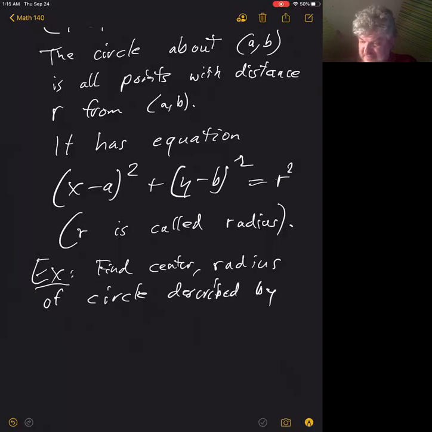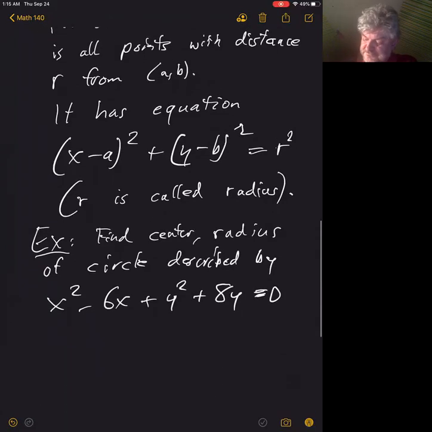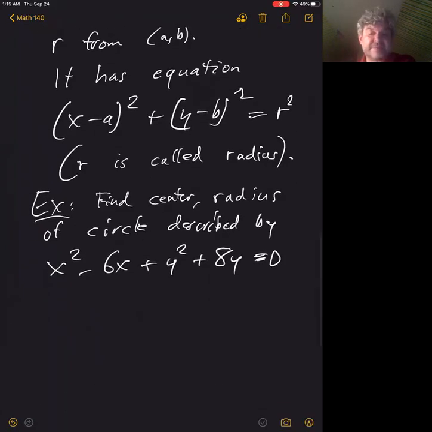So here's the equation: x squared minus 6x plus y squared plus 8y equal to 0. And I'm just telling you, yes, that does describe a circle, but find me the center and the radius. And what to do?